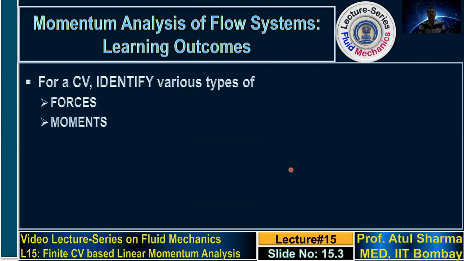Now, the learning outcomes or learning objectives of this topic on momentum analysis of flow systems are as follows. If you go through this lecture, you are expected to learn that for a control volume, you should be able to identify various types of forces and moments. So for a fluid flow system, you should be able to identify a finite size of control volume, demarcate it, and identify the forces and moments corresponding to that flow system.